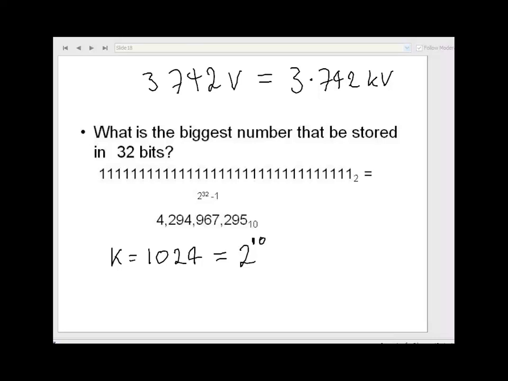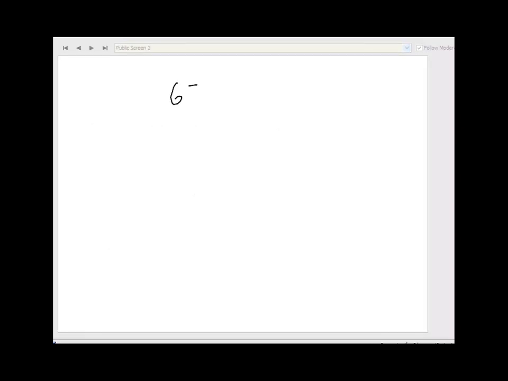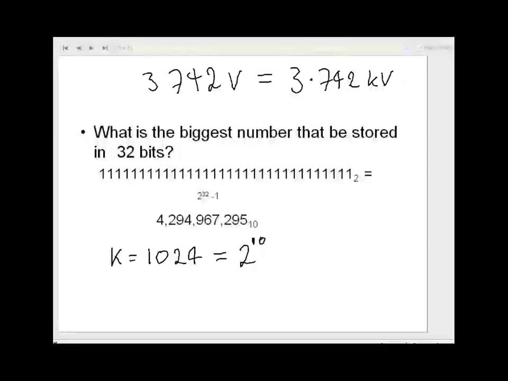So, in computing terms, 1024 is a K. So, what that means is that 65535 equals 64K. And that big number, 4294967295, equals 4 gig. So they seem like strange numbers, but they do keep popping up.